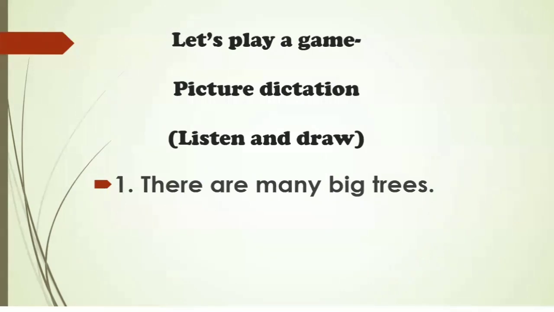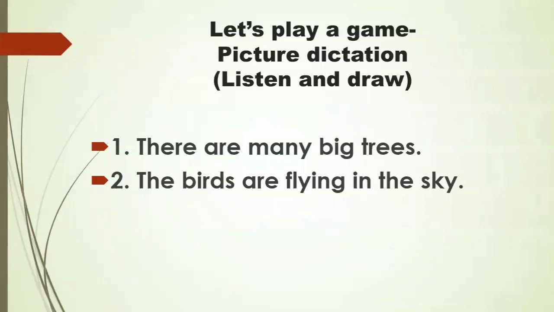So the first sentence is, there are many big trees. Yes, you have to draw big trees around on the picture. Okay, let's go to the next sentence. The birds are flying in the sky.